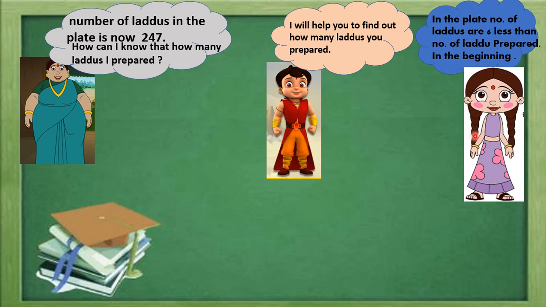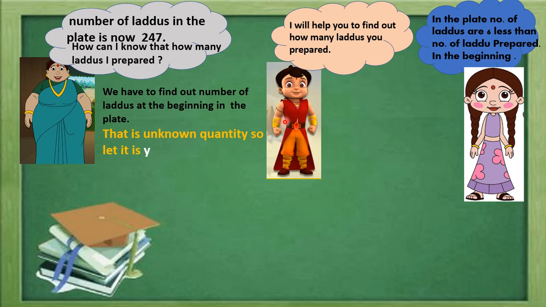So she gives a clue to Bhim. By this clue, Bhim tries to solve this, as we have to find out the number of laddus at the beginning in the plate. So this is the unknown quantity. We don't know how many laddus were there in the plate.